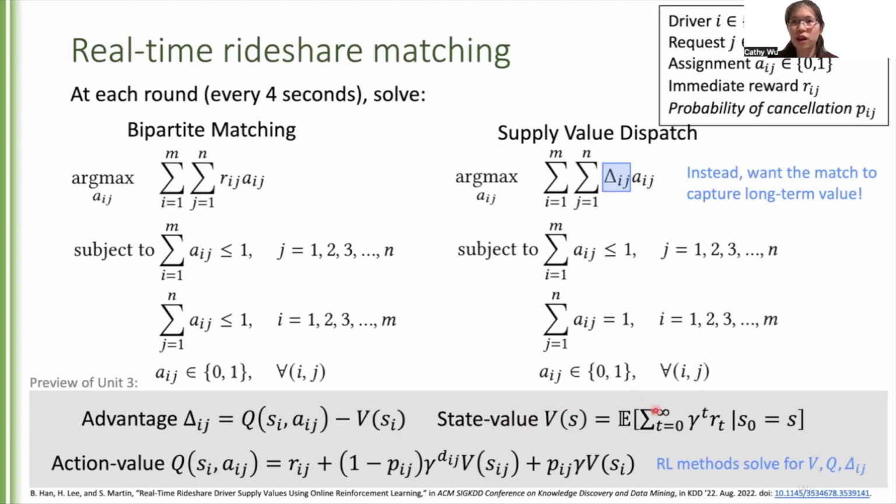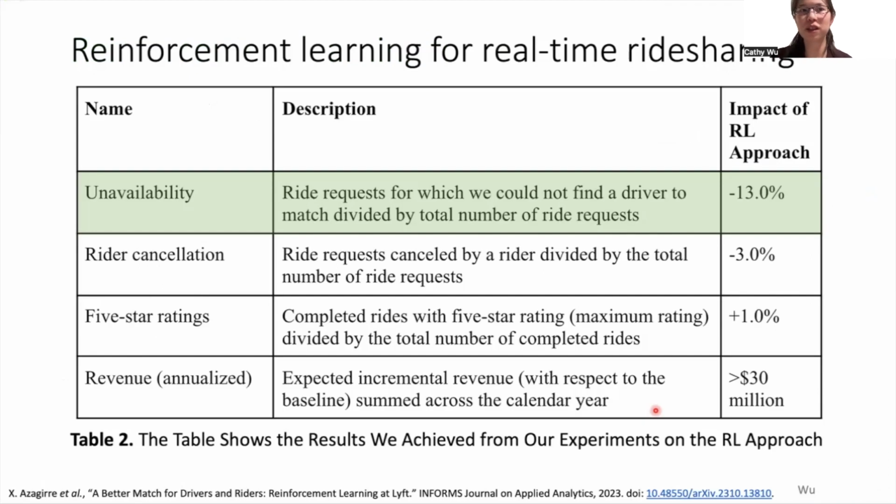So in practice, Lyft actually implemented these ideas. They implemented some of these RL algorithms and showed their effectiveness. The most impressive metric is that their unavailability, this is when no match was possible, so we could not find a driver for a ride request, went down by 13% with the RL algorithm as compared to without.